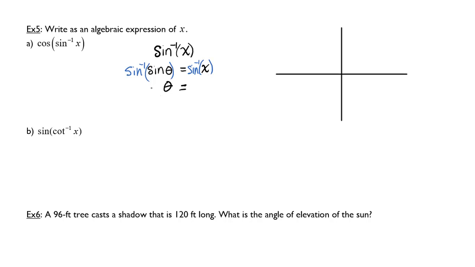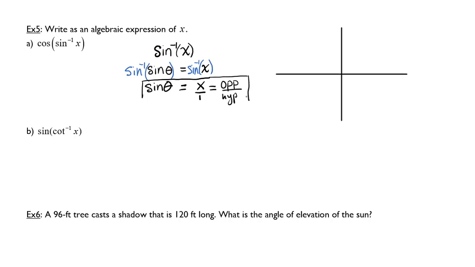It also means that sine of theta equals x. So notice that I'm doing a little bit of detective work to figure out what the relationship is with sine of theta. Now remember, x could be x over 1.